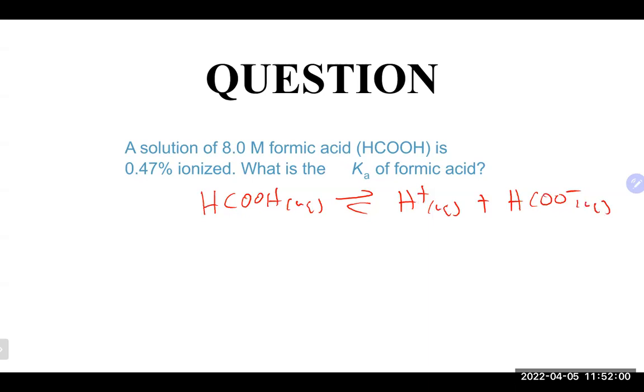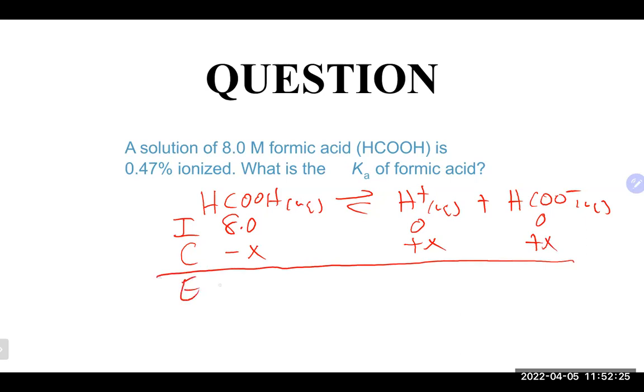In this particular case, we could take an ice table approach to see what's happening here. So initially, we have a concentration of 8 molar for our formic acid, and initially nothing going on the product side. We could do our normal change, which is minus X, plus X, and plus X, bringing us to equilibrium of 8 minus X, X, and X.